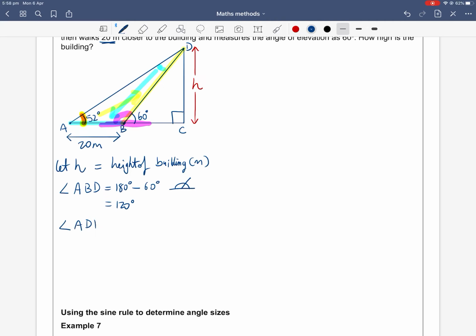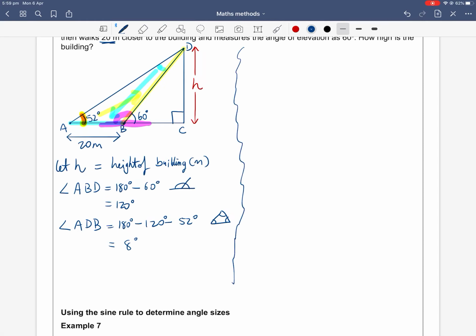So we can write angle ADB, because that's the blue angle, is 180 take 120 take 52. Why? Because the sum of angles in a triangle is 180 degrees, which is 8, using a calculator. So now that we've got the blue angle, we can apply the sine rule, then we can easily work out what the length of BD is.